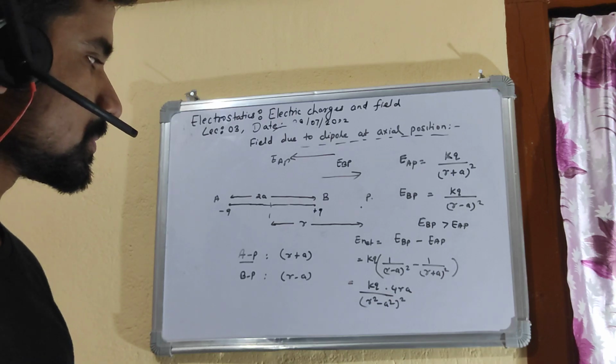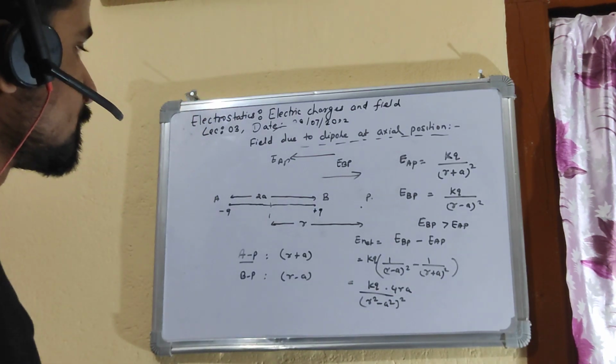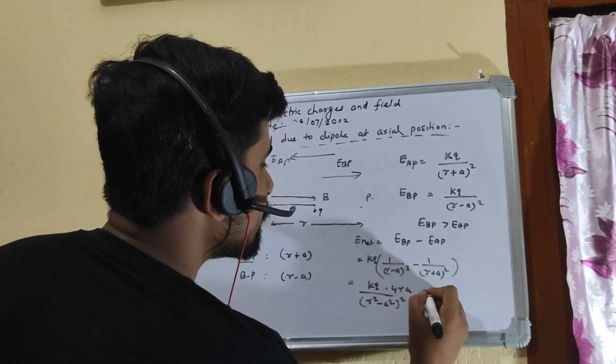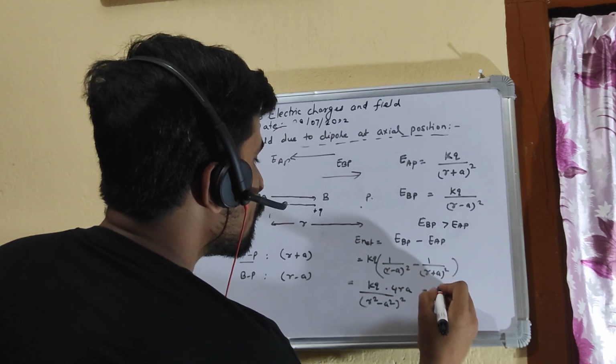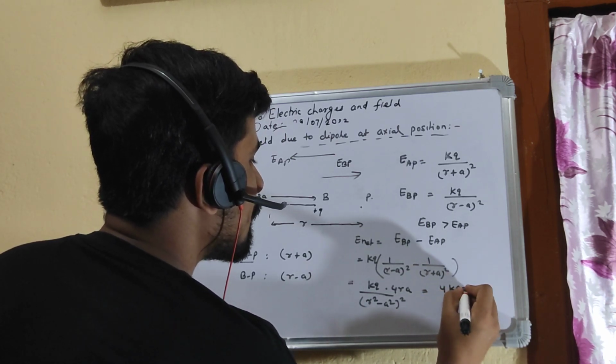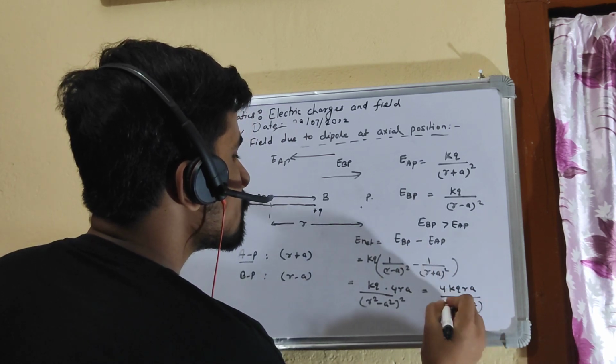This is what it is. So if I rearrange it, it will be 4kqra upon (r square minus a square) whole square.